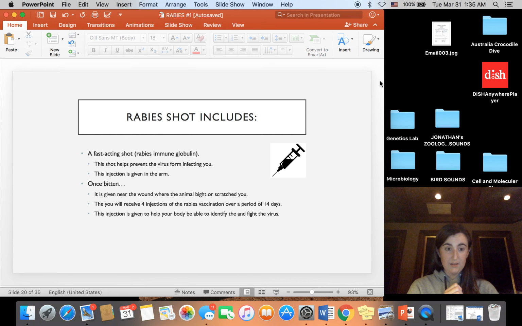Once bitten, this shot is going to be given near the wound where the animal either bit you or scratched you. You will receive 4 injections of this shot over a period of 14 days. This injection is given to help your body to be able to identify and fight off the virus.